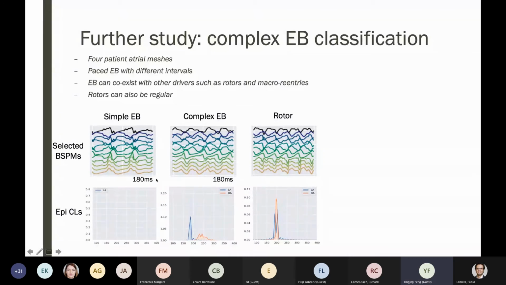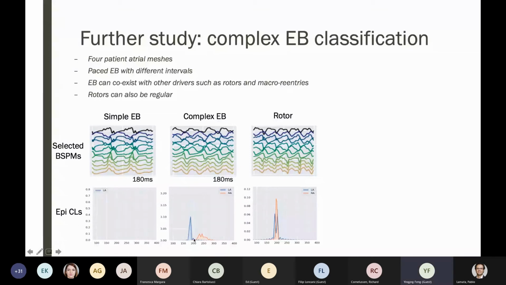They can both come from the same pacing interval, 180 milliseconds, which is a very common interval for focal source. And by measuring the epicardium cycle length distribution, the simple one has a very concentrated distribution.